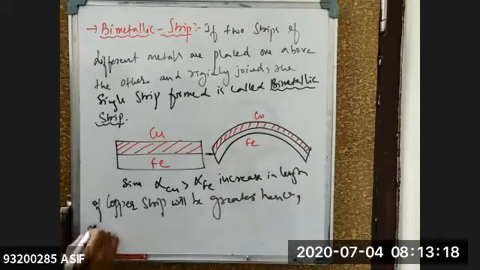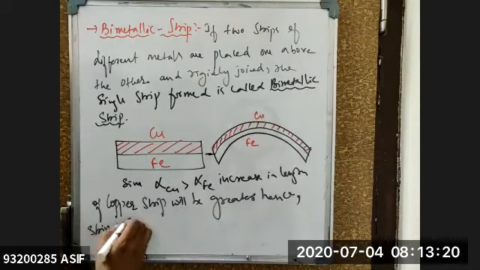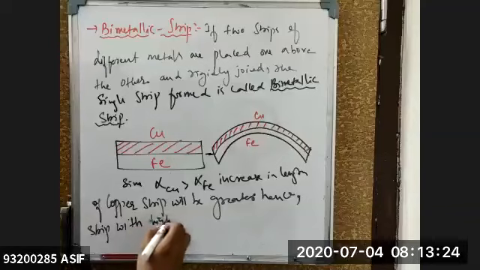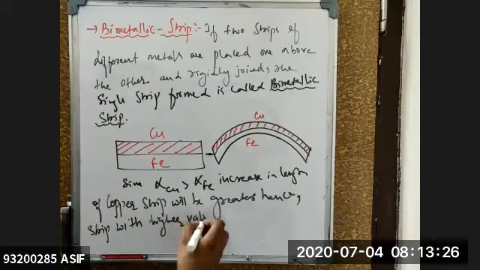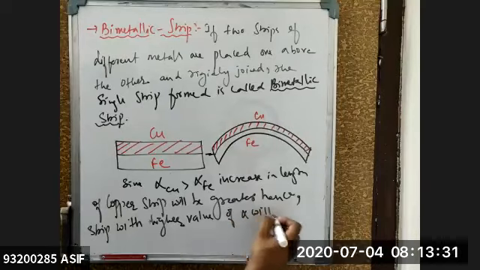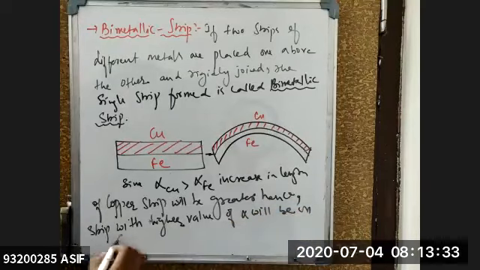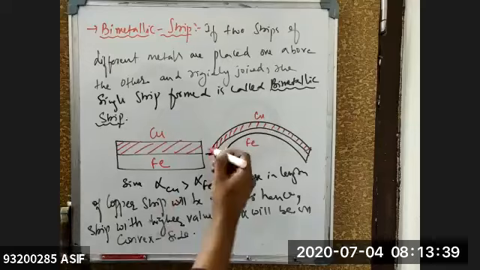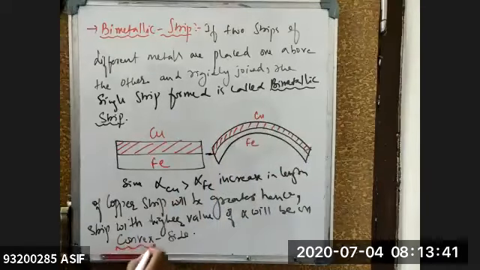Hence, the strip with higher value of alpha will be on the convex side. So this one has the larger length, so that is on the convex side.